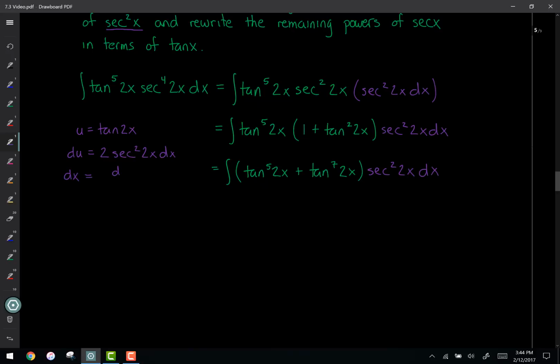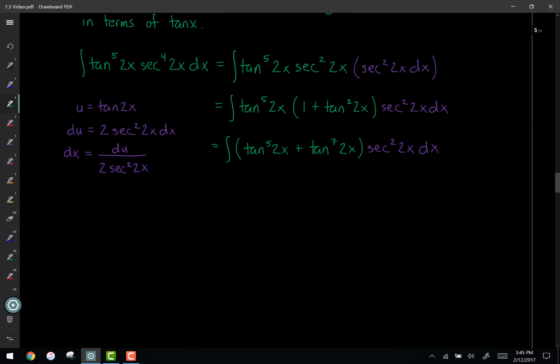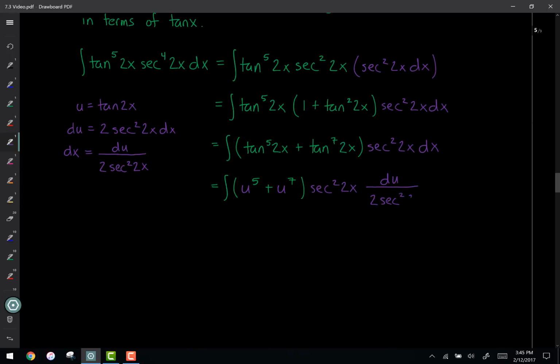So dx is du over 2 secant squared 2x. And then just plug in all of our pieces. So now we'll have the integral of tangent to the fifth of 2x, so that's going to be a u to the fifth plus u to the seventh times our secant squared 2x dx, but dx is du divided by 2 secant squared 2x.